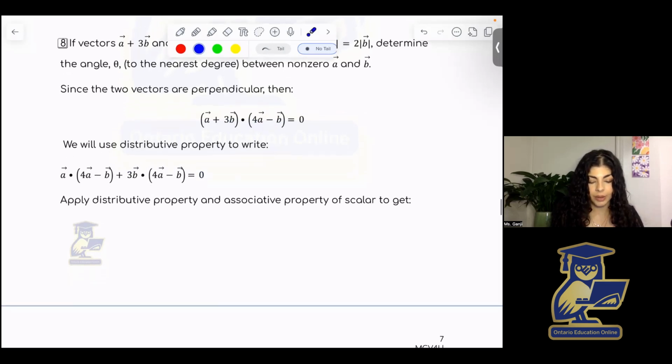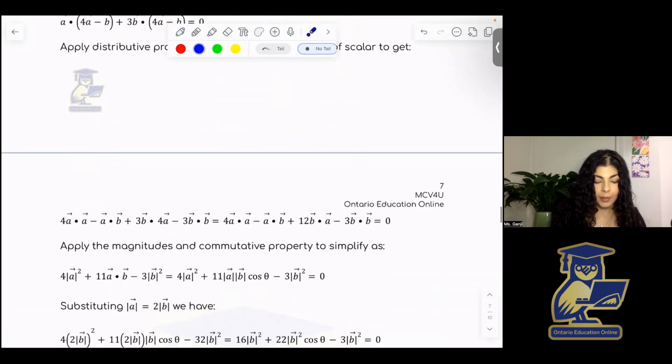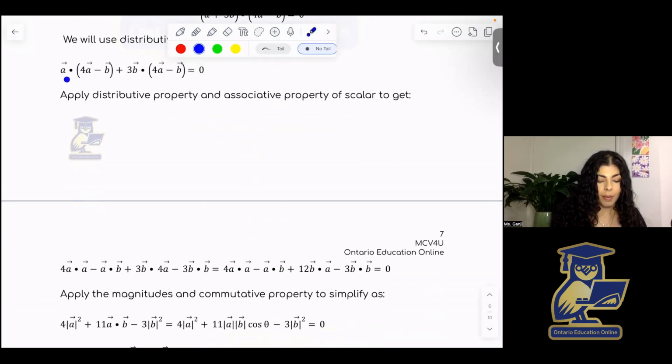And this is equal to 0. And now I'm going to apply the distributive property one more time with each of these brackets, and I will get here 4A dot product A and A dot product negative B, and here we have 3B dot product 4A and 3B dot product negative B. And you see all of these 4 dot products here.